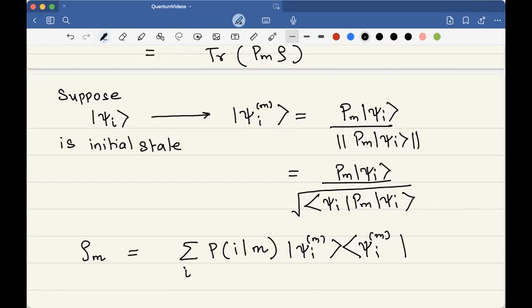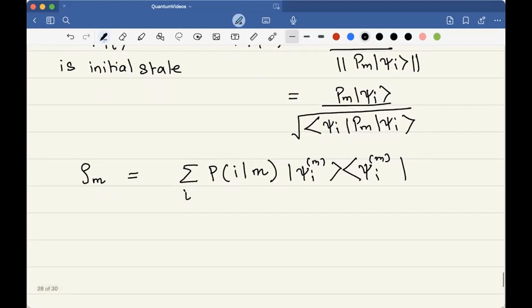Okay, so this will be the post measurement state if outcome M was obtained. Now I can rewrite the first probability as probability of M given I into Pi over PM. This is Bayes formula.